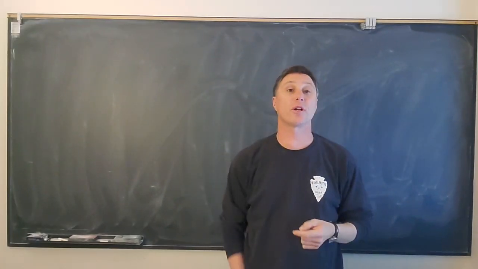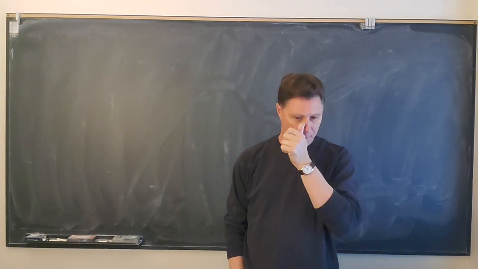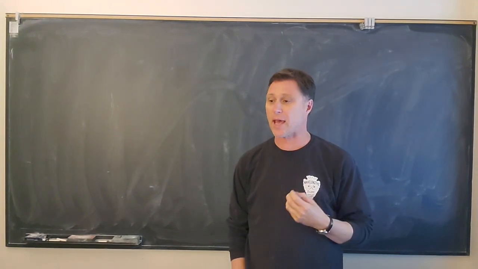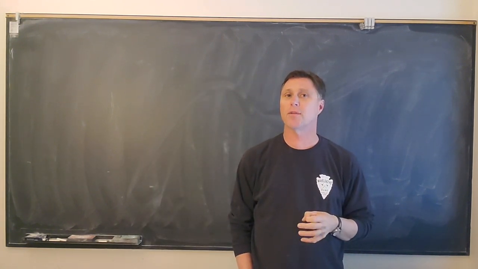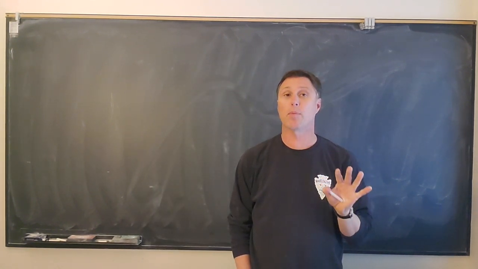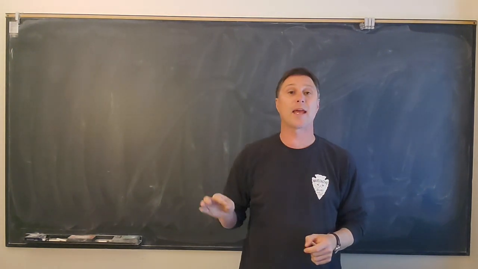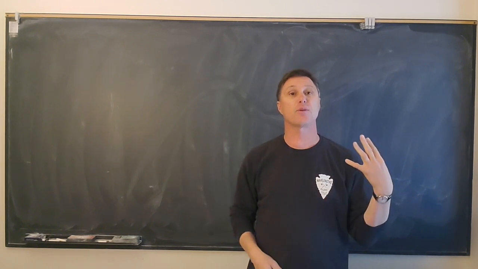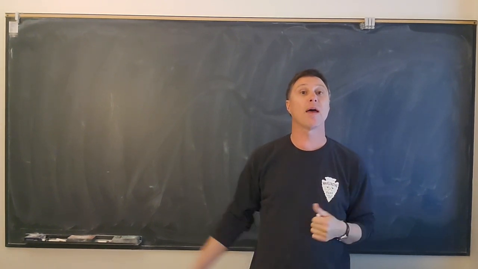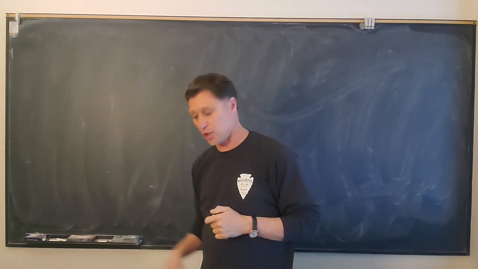Okay, so let's prove a theorem now. This theorem is going to give us not only some insight about the minimal polynomial M sub alpha, it's also going to give us a nice connection between the minimal polynomial M sub alpha and the extension K adjoin alpha. So here we go.